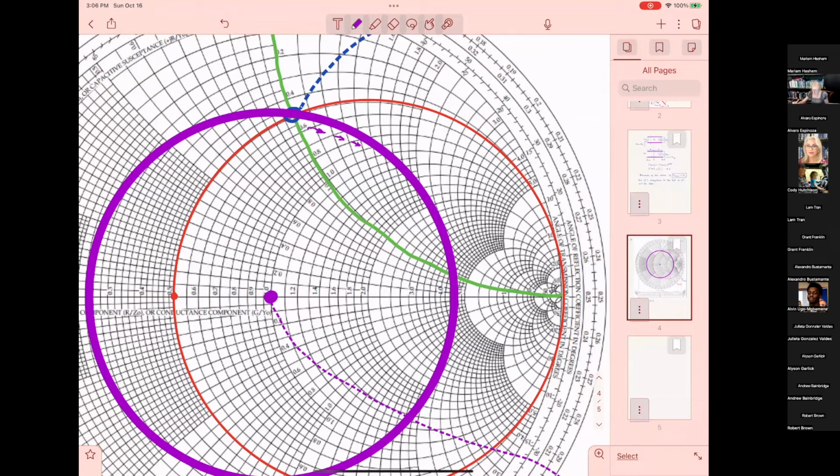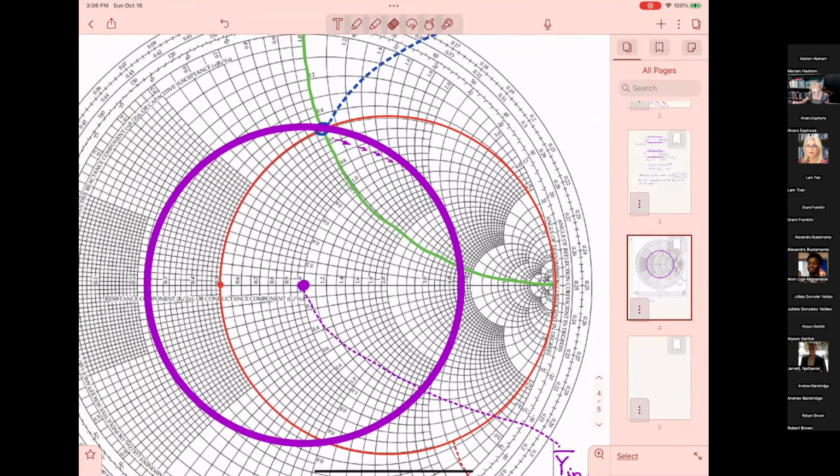The question is, where am I going to stop? Am I going to stop here, here, here, here? All of these possibilities, the answer is no. There are only two places where we can stop. Let's think why.